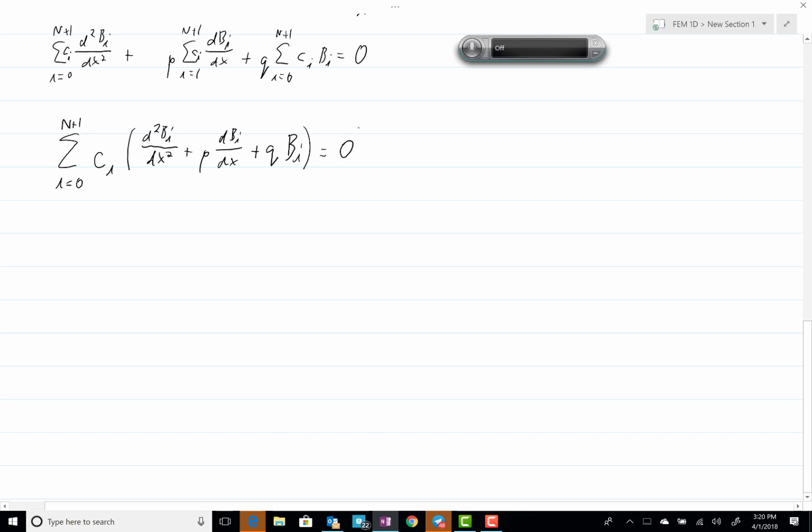That's a more compactly written form of the previous line.